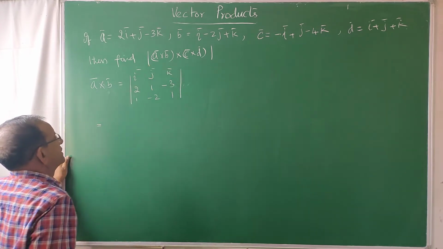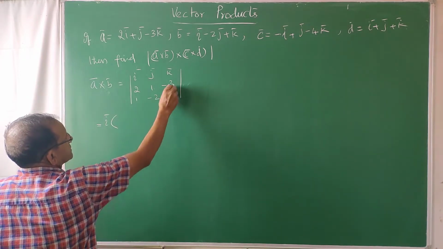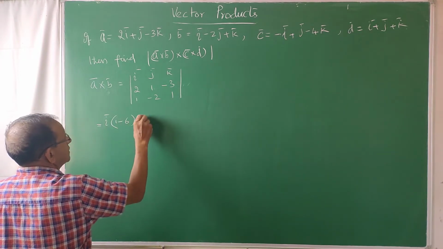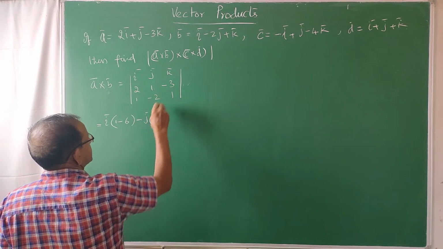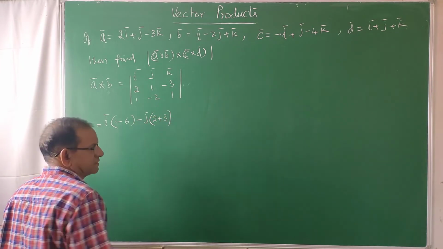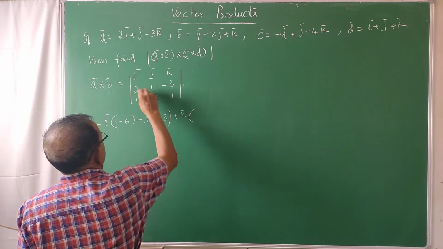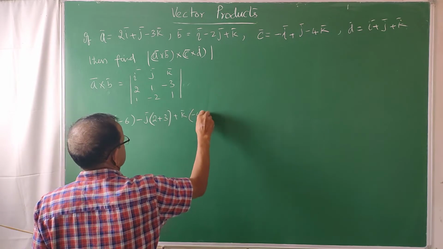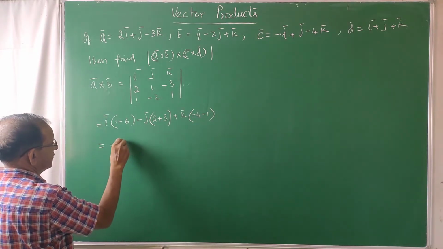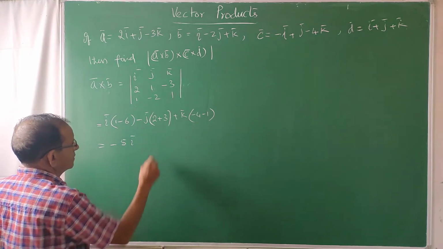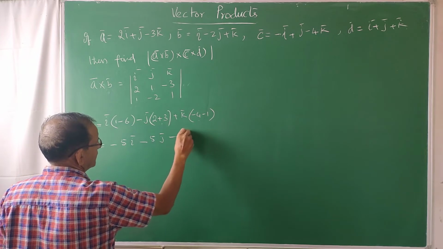If you expand it, I bar into 1 minus 6, minus j bar into 2 minus 3, 2 plus 3, plus k bar into minus 4 minus 1, that is minus 5 I bar minus 5 j bar minus 5 k bar.